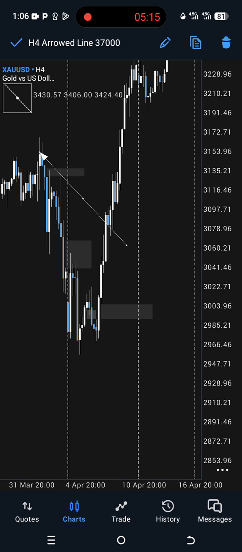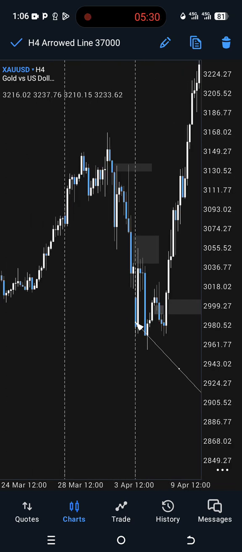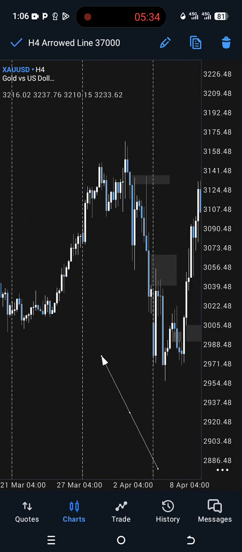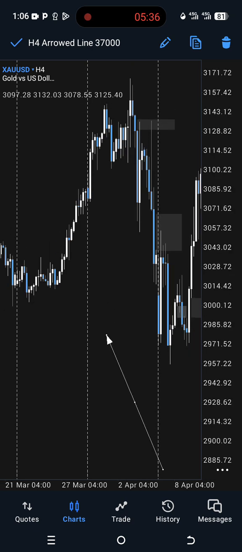So once an intermediate term high has been confirmed, our short term highs hold until we get to an intermediate term low. Take note, all short term highs hold until we get to an intermediate term low.